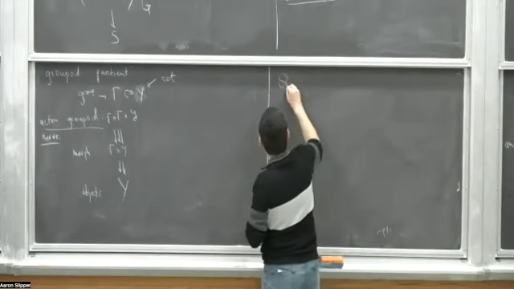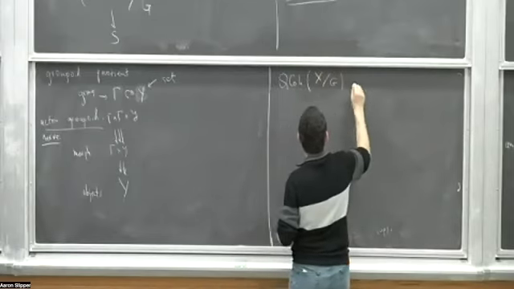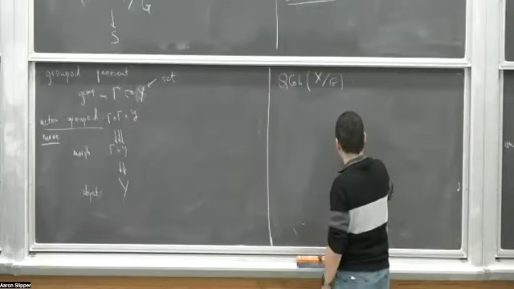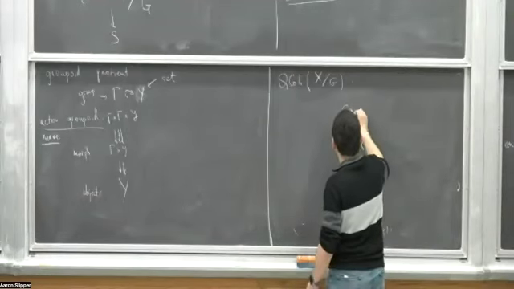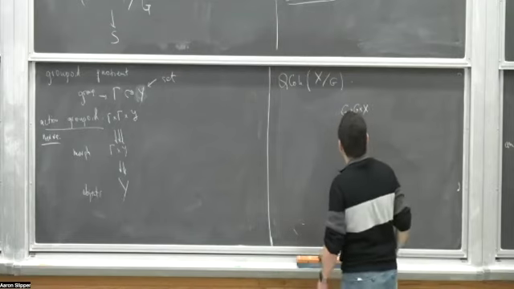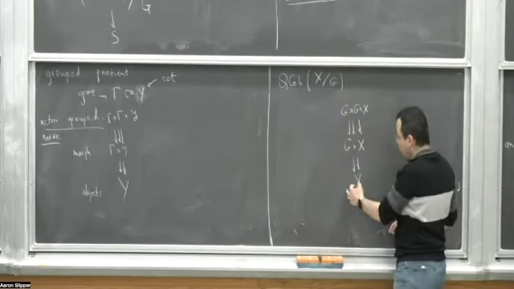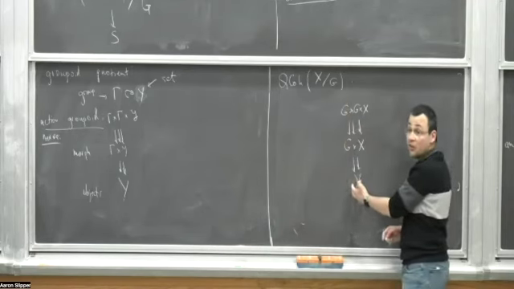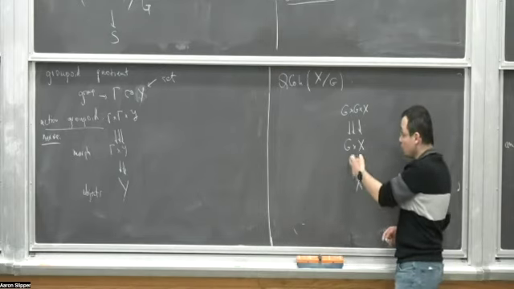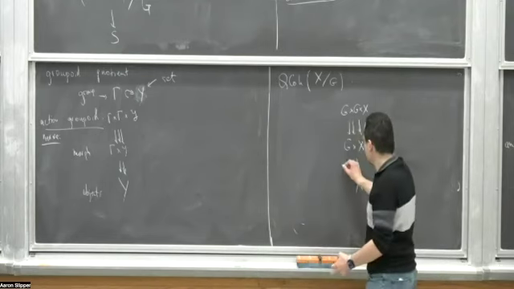So as a result, quasi-coherent sheaves on X mod G, this is the following thing: you can look at X, G times X, G times G times X. So the data of an object here is supposed to be something like an equivariant sheaf on X. So it's a sheaf on X together with these two maps. One is the projection map, and one is the action.